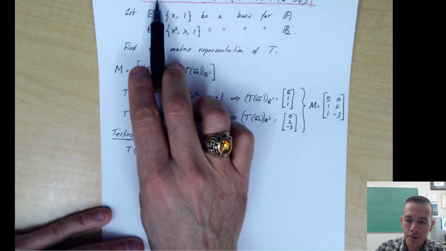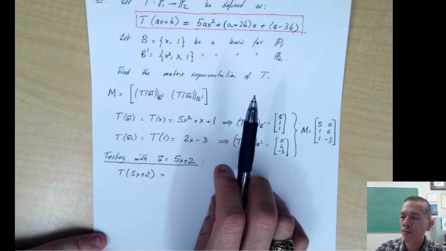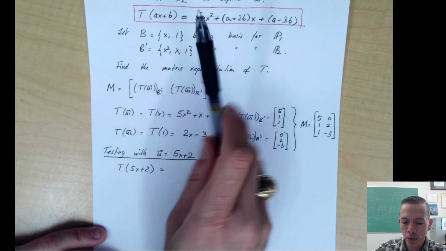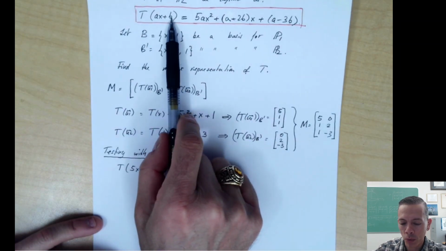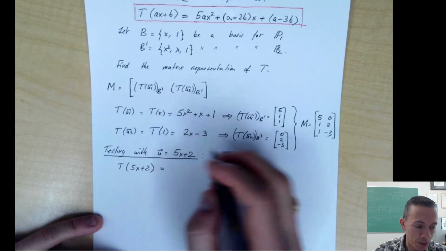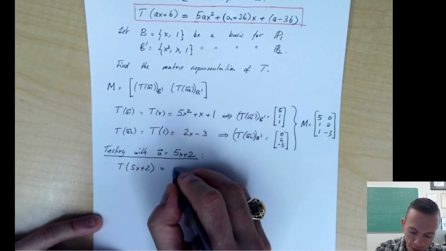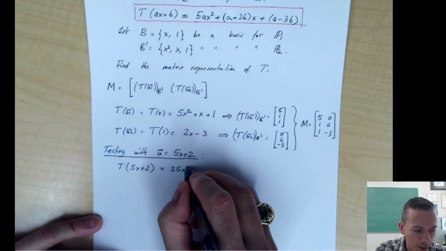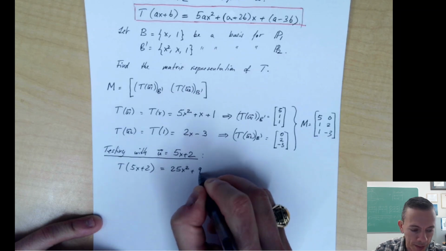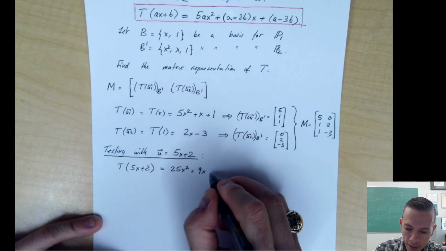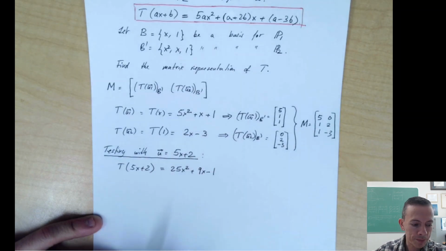When you plug it into this function T, 5x plus 2 is a polynomial where a equals 5 and b equals 2. So this gives you the image 25x squared plus 9x minus 1.